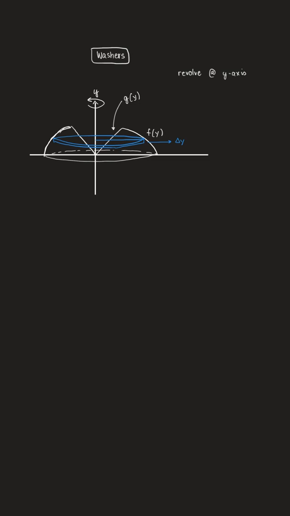So we have an outer disk that looks maybe like this, with a little delta y. And this is the outer radius. And we're going to take away a little disk. That will be our hole, and that has a radius of little r.